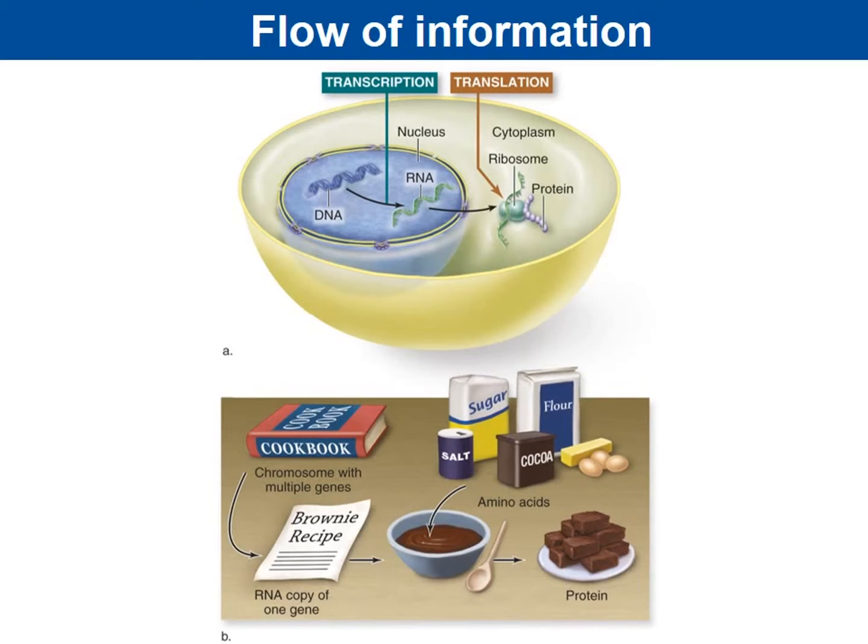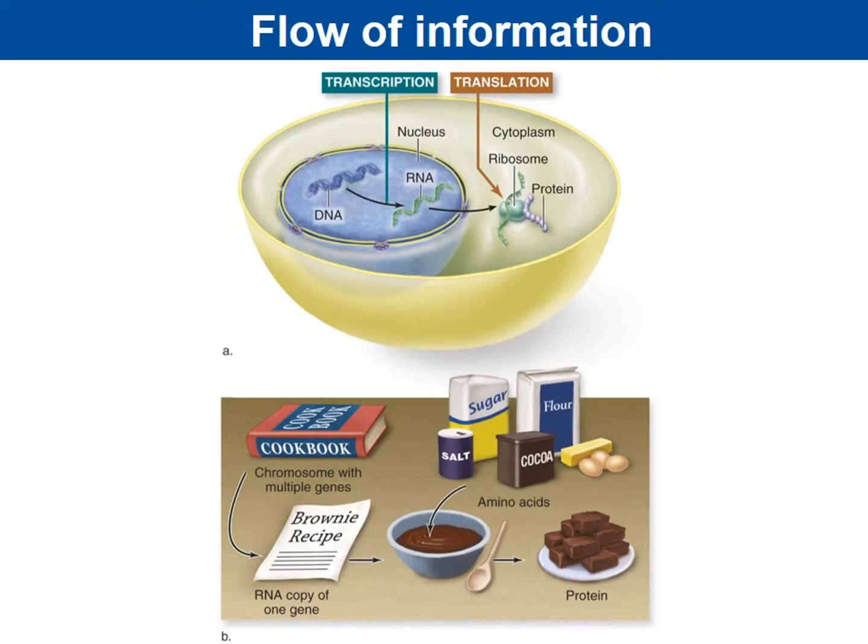There's a little analogy to help you think about how this works. Let's say that my genome is like a collection of all of my cookbooks. All of the cookbooks that I own have recipes in them, and they give me instructions for how to make certain recipes. The food that I actually am able to make would be like my protein.